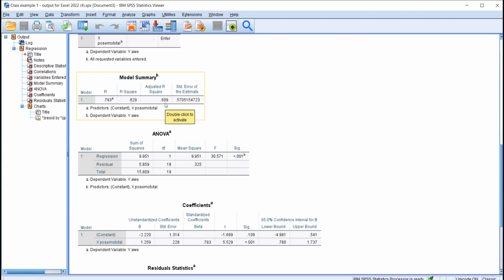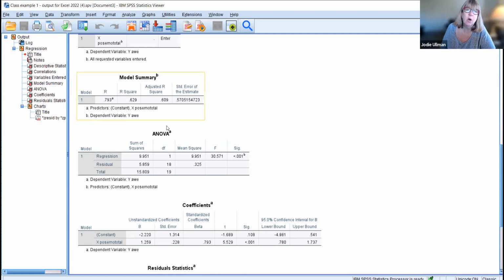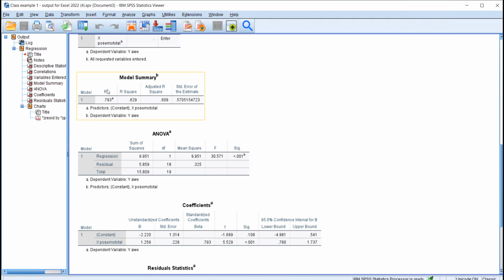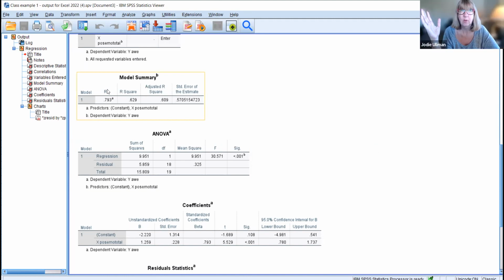Dr. Ullman, can you repeat that? I lost you after you explained that multiple R is from 0 to 1, bivariate R is from -1 to 1, and why and what that all means. Okay, perfect, thank you. One thing is just the difference between multiple R and bivariate R. For multiple R, it could be 0, meaning that you couldn't predict, you've got that flat line, or it can be greater than 0. It can never be negative.